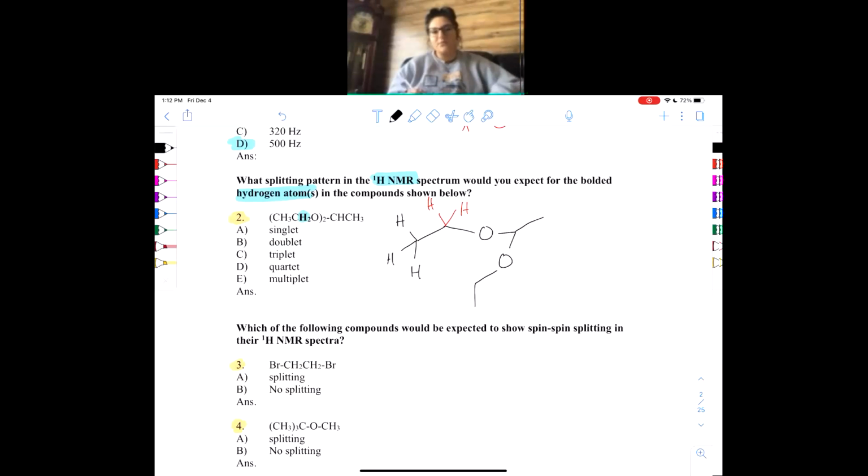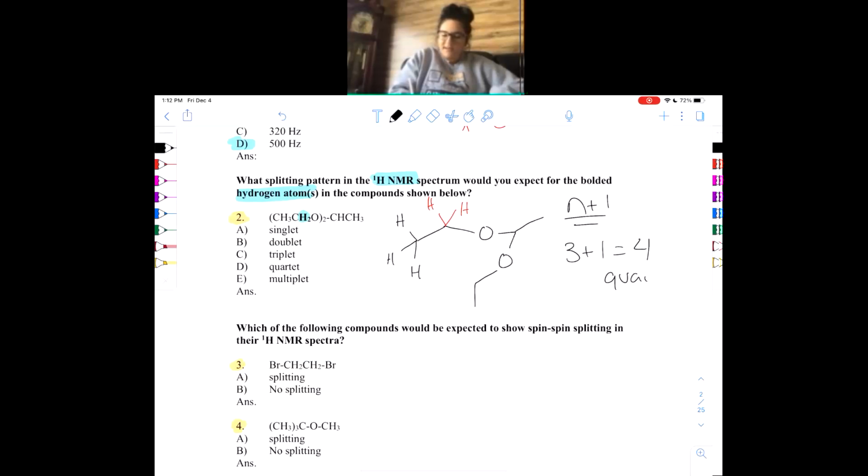What is the splitting rule, or equation, or whatever you want to call it? N plus 1, exactly. For normal splitting, it's N plus 1. So we have 3 neighbors plus 1 equals 4, which translates to a quartet. So D is our correct answer.